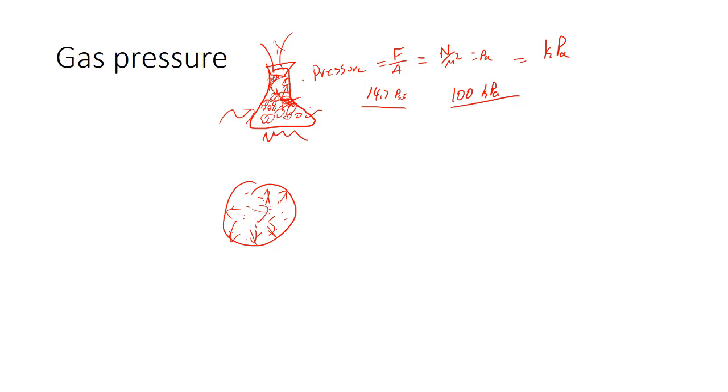What's interesting about that is I can actually increase the pressure in here to the point where the particles are bouncing off of the surface with enough pressure, force, to keep any new particles from coming out into the vapor state. And so we achieve what's called equilibrium, and it's actually a dynamic equilibrium where particles of liquid are changing to gas, but then particles of gas are changing to liquid.